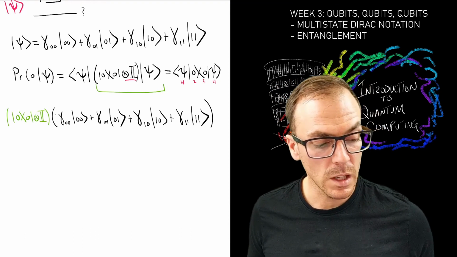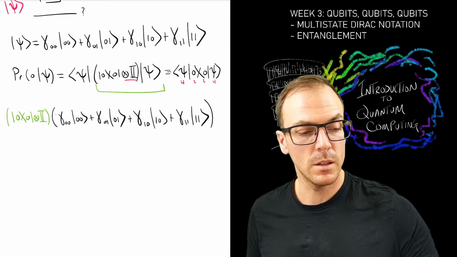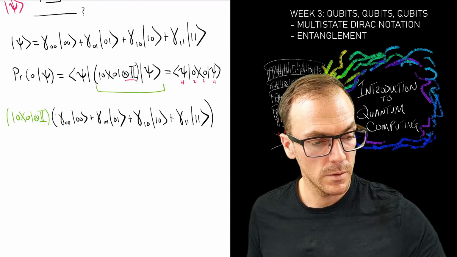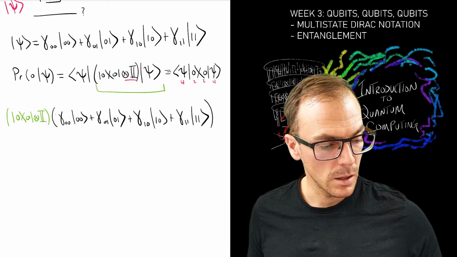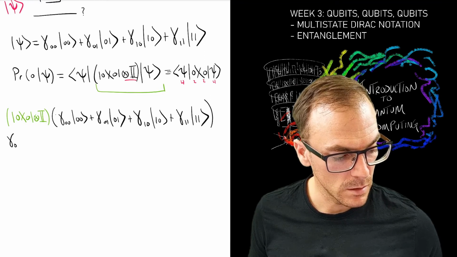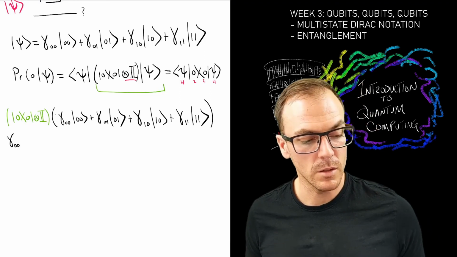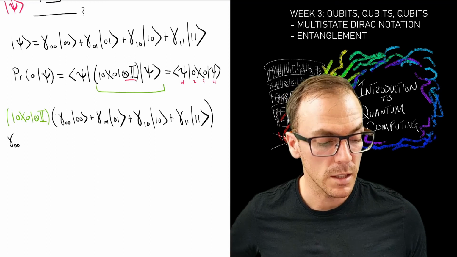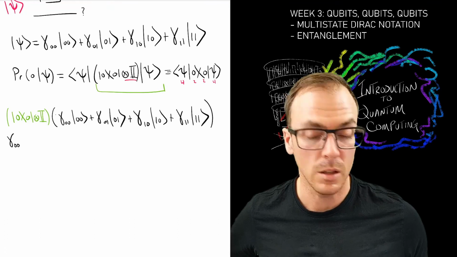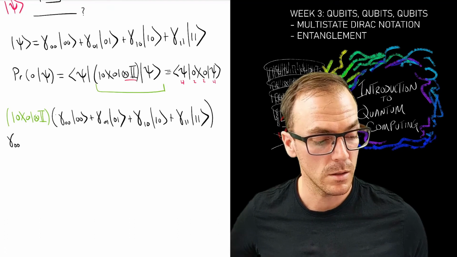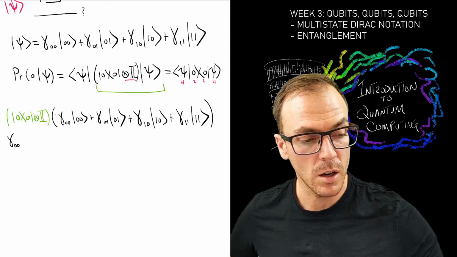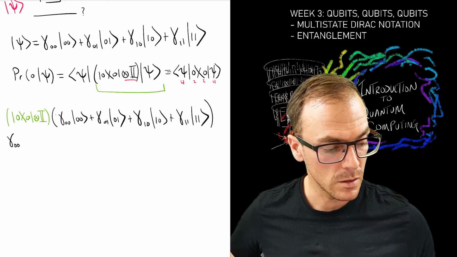Now I need to put this green thing in front of every single one of these components. And so I have gamma 00. Let's do it for the first one, and then we can see how we can apply our shorthand notation to the other ones. So we have gamma 00, that is just a constant, it comes outside, just sitting along for the ride.